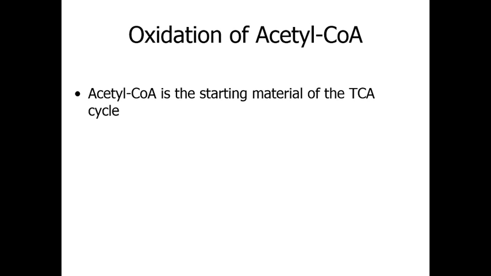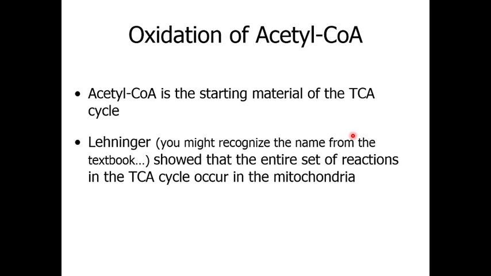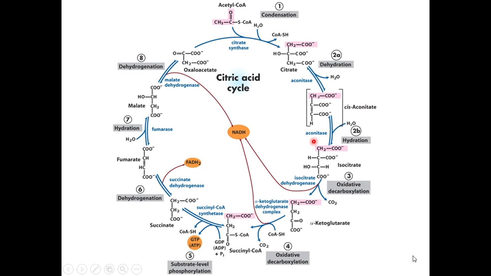Oxidation of acetyl-CoA happens during the tricarboxylic acid cycle. Lehninger showed that the entire set of reactions in the TCA cycle occur in the mitochondria. So this is a snapshot of the citric acid cycle.